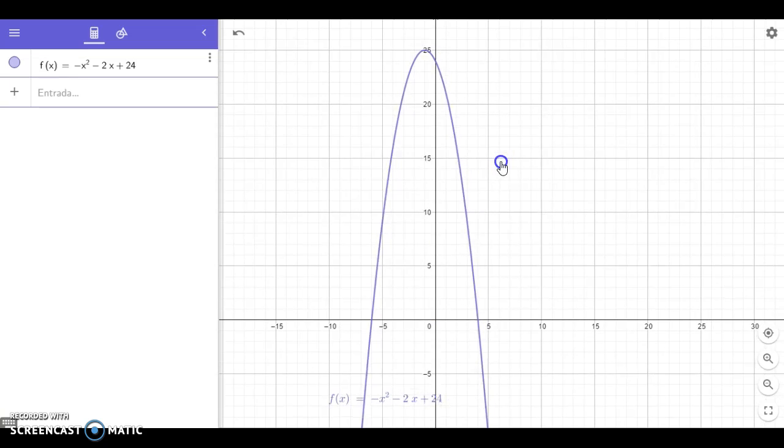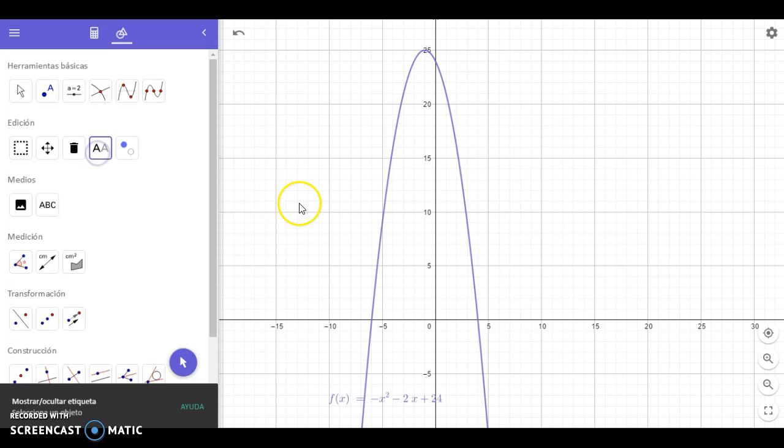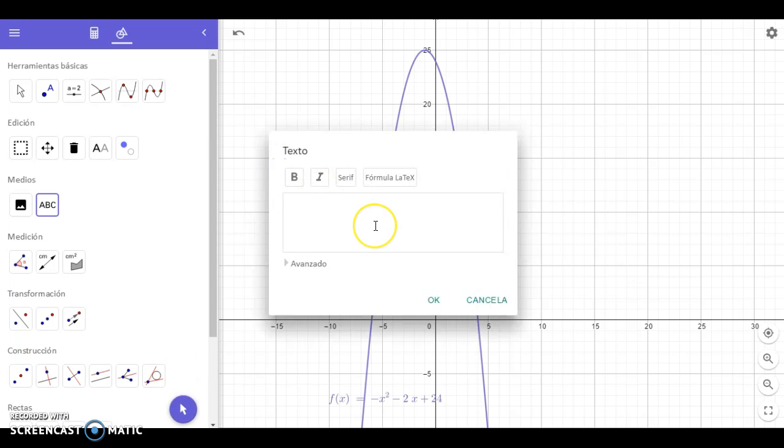Okay, so next up, we'll have to say if it opens upward or downward. So we're gonna go over here and choose text. Since the function is negative, it opens downwards, as you can see over here in the graph.